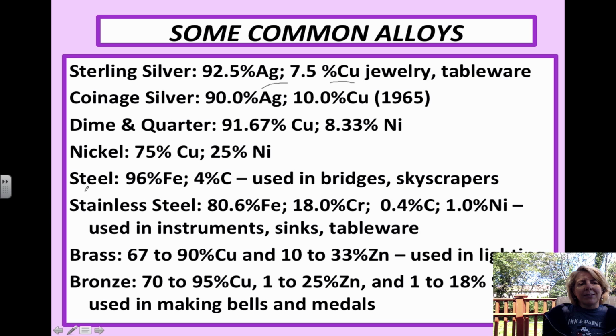Notice how with steel, we can't just use iron by itself. Iron is not durable enough, and the carbon actually helps to reduce corrosion and strengthen the material. Stainless steel, you see that a lot.